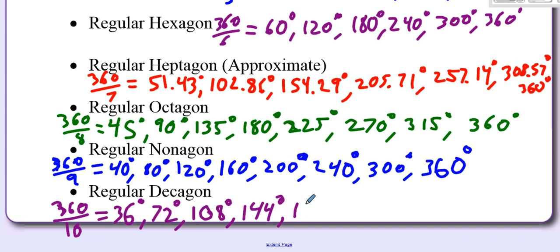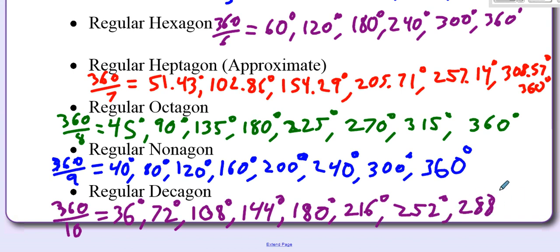And then 180. 216, 252, 288, almost done, 324, and then the last one will be 360. And you're back at the start. So divide by the number of sides, and then keep adding it to itself. It tells you all the stops along the way.